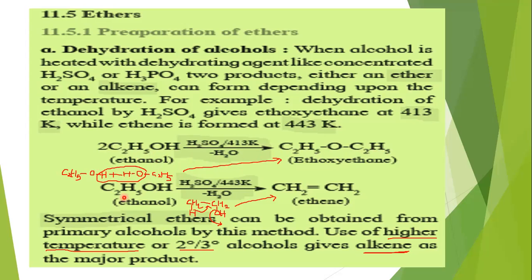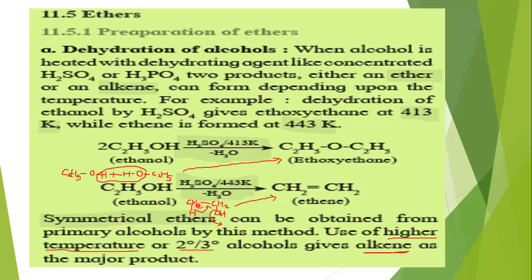Okay, when ethanol reacts with sulfuric acid, but temperature is now 443 Kelvin, here also dehydration, that is removal of water molecule, takes place. Now let us see this ethyl alcohol.